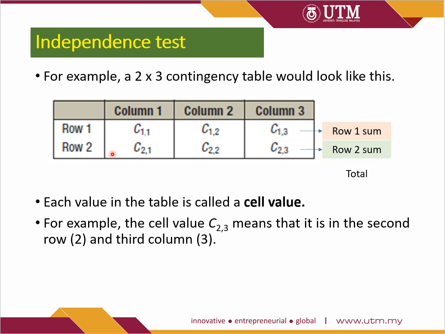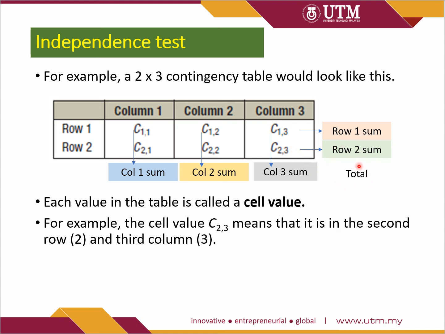And the second row is the row 2 sum, where we add the cell values in row 2: C21 plus C22 plus C23. Then the column 1 sum will be C11 plus C21. The second column sum will be C12 plus C22. And the last one is the column 3 sum, which is C13 plus C23.